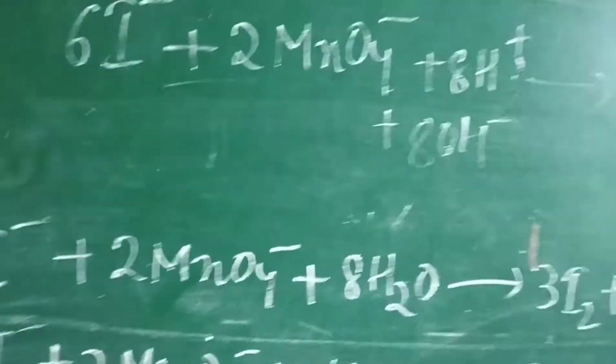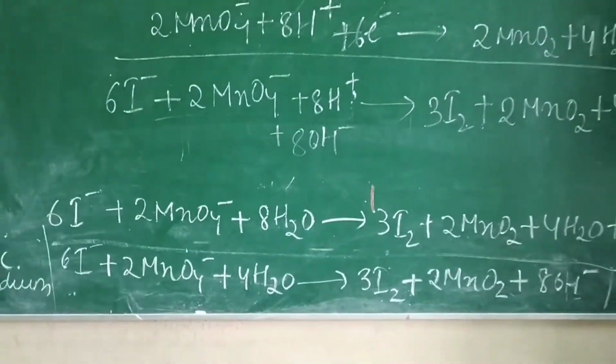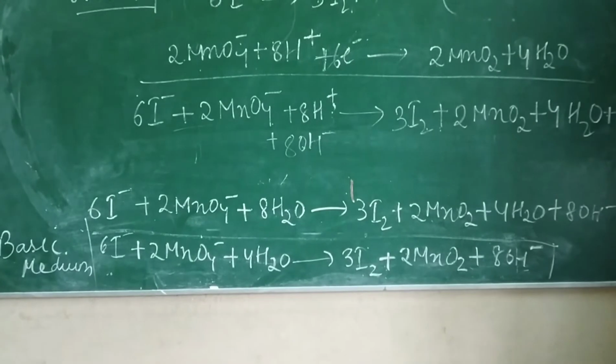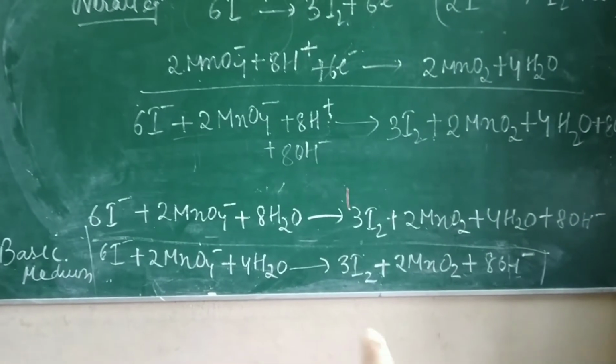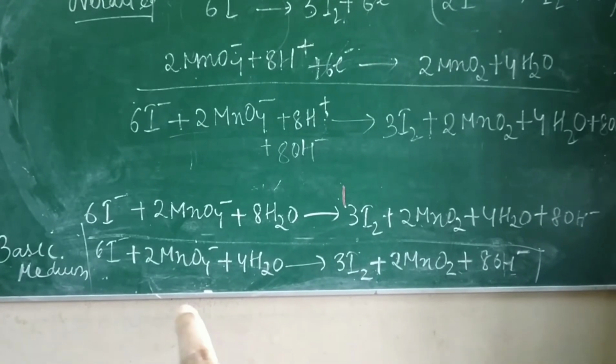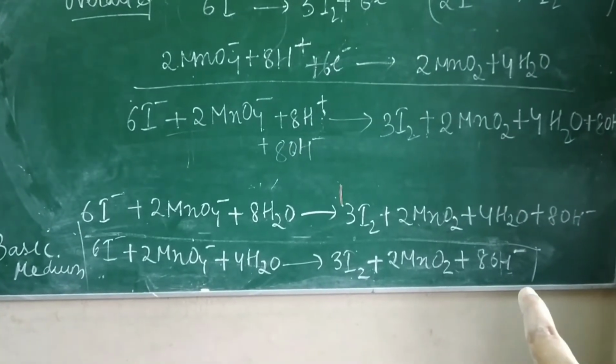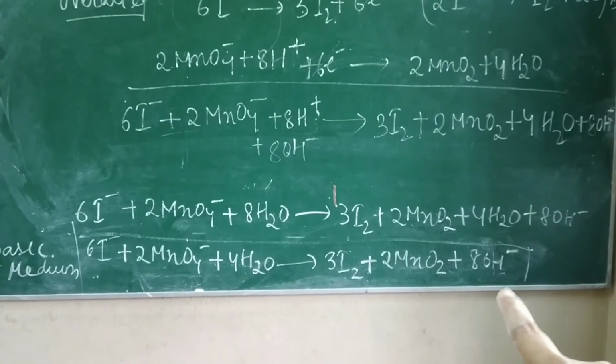So this is the final equation in the basic medium. You can see that when the reaction is taking place in the basic medium, in the final balanced equation no H plus ions are present, only OH minus ions are present.